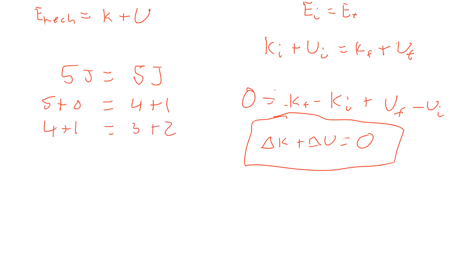You could have 4 plus 1 equals 3 plus 2. You could even have 6 minus 1 equals 7 minus 2. As long as everything gets to 5, you're okay. And there's an infinite number of ways to get 5.